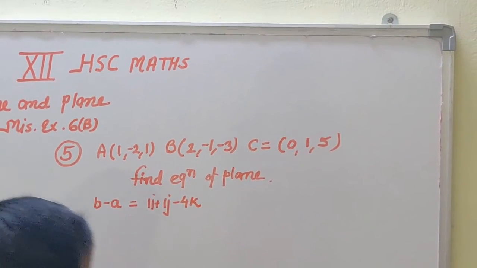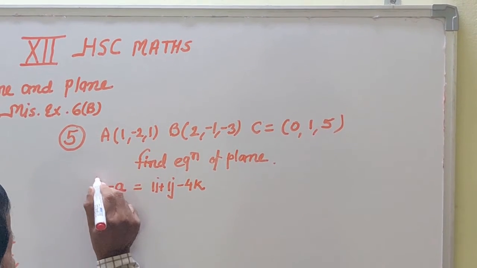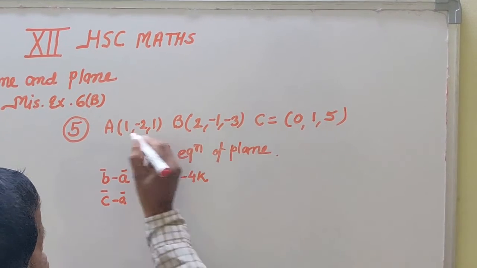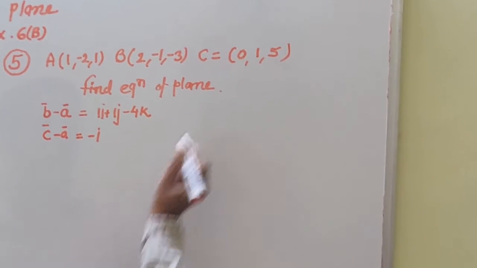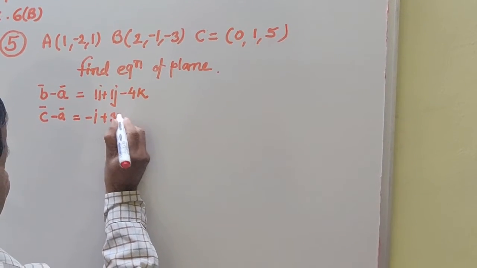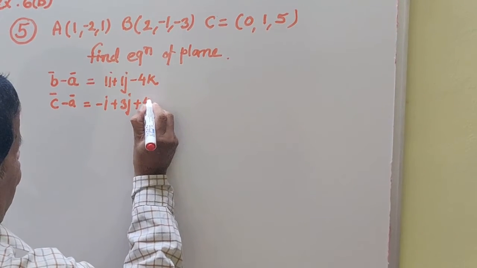Okay. Now what will I find out? c minus a. Okay. Now what will come? 0 minus 1 is equal to minus i. 1 plus 2 is equal to 3j. 5 minus 1 is equal to 4k.